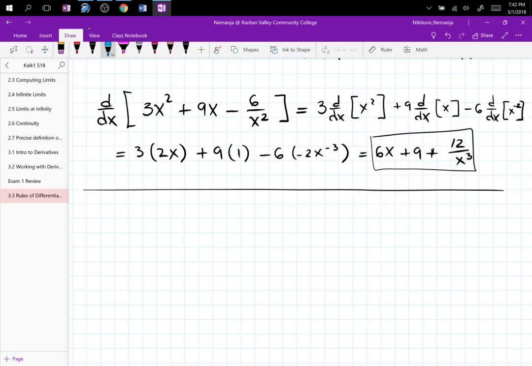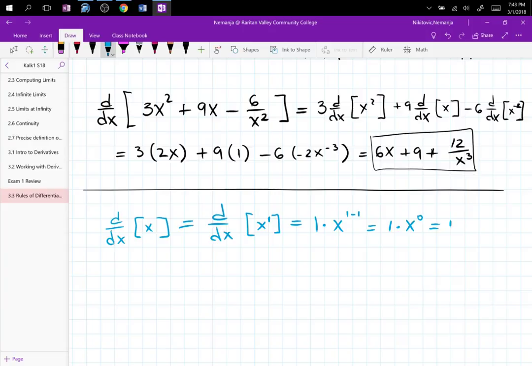For those of you that are questioning now and not asking, why is the derivative of x equal to 1? Well, the derivative of x is actually the derivative of x raised to the first power, and that is going to be 1 times x to the 1 minus 1, which is 1 times x to the 0, which is 1 times 1, which is 1.